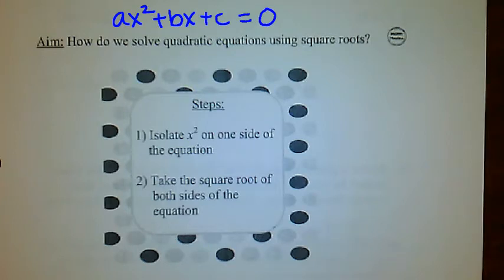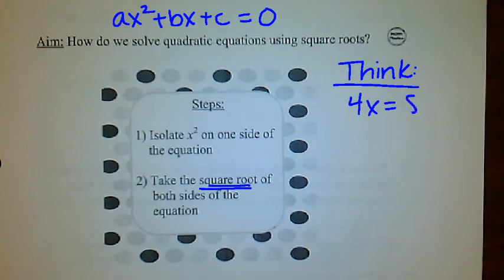So the steps that we're going to be doing in all of our examples today are as follows. We're going to isolate the x squared on one side of the equation, and that will leave a constant on the other side. And then we're going to take the square root of both sides. If we have 4x equals 8, this is a multiplication problem, so the opposite of multiplication is division, right?